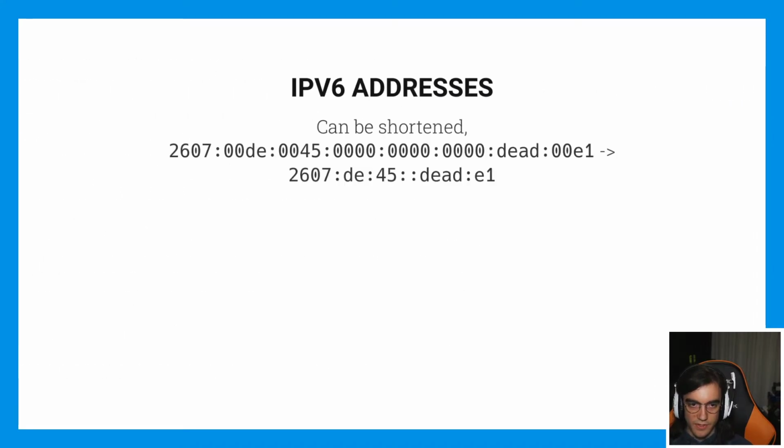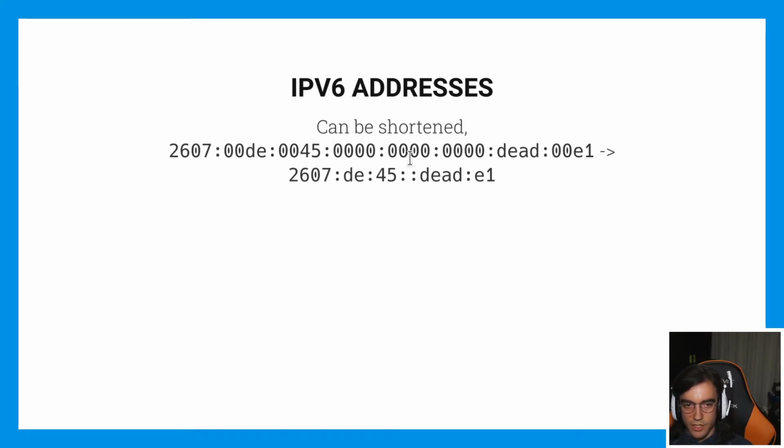So IPv6 addresses might look a bit daunting at first because of their length, but rest assured that they can be shortened. A patch of zeros can be shortened. We can see all these zeros here. They can just be clamped into 2 colons, and any leading zeros can be dropped.